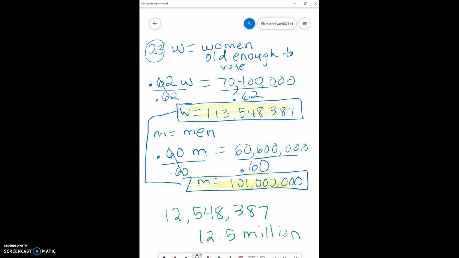Now that's the way that I would work it, and you'll always get the right answer. It may be a little bit longer, but you will definitely get the right answer if you set up your equations and then subtract.